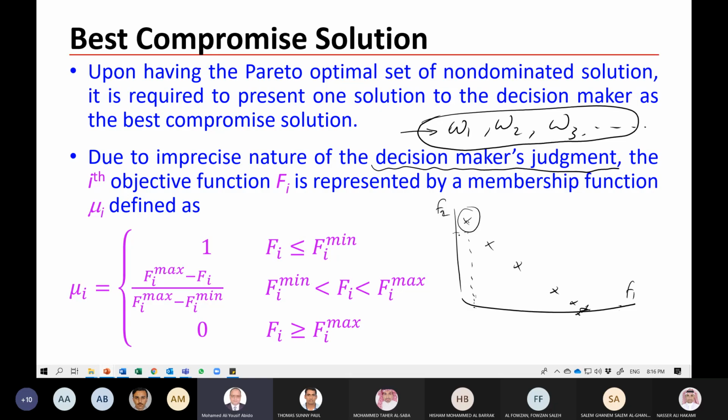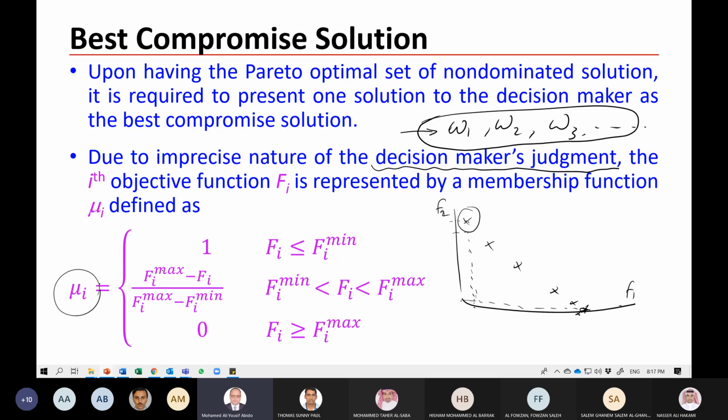Since you have the Pareto solutions, you can identify the maximum value and the minimum value for each objective. This is the maximum for objective 1 and the minimum for objective 1, the maximum for objective 2 and the minimum for objective 2. So you can have the minimum and maximum for all objectives.